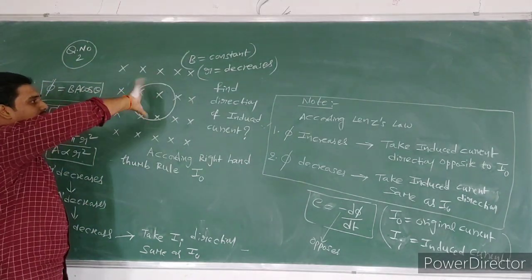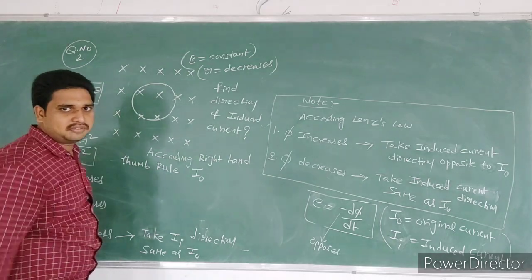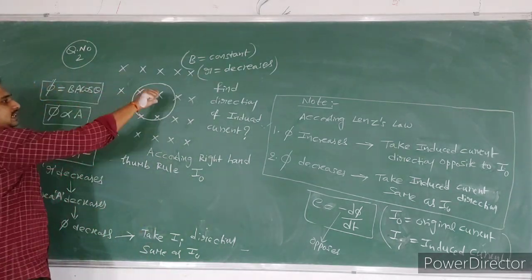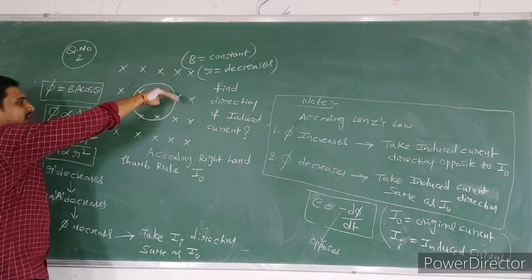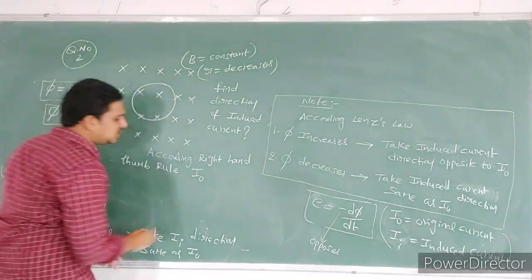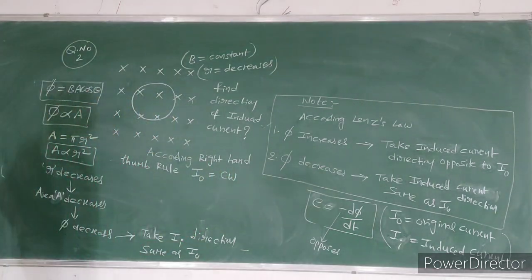Here the current is circular, that's why fingers indicate the direction of current. Curling fingers indicate the direction of current, and thumb indicates the direction of magnetic field. The magnetic field is into the page. Then the curling fingers indicate the direction of current. What is the direction of current here? The original current direction is clockwise.